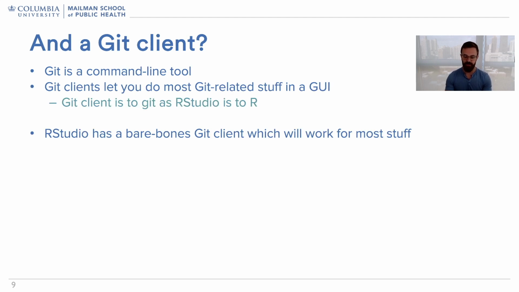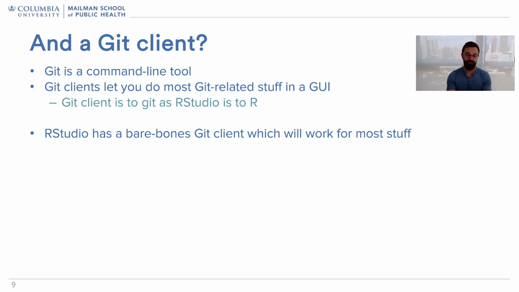You'll often hear, when people are talking about Git, about a Git client. In the same way that R allows you to type commands and then execute them, Git will allow you to type commands and control Git's behavior in that way, using something like a command line tool. I find, and many others do as well, that for a lot of things, using a Git client, a graphical user interface, something that you can look at and see, is an easier and more intuitive way to interact with Git.